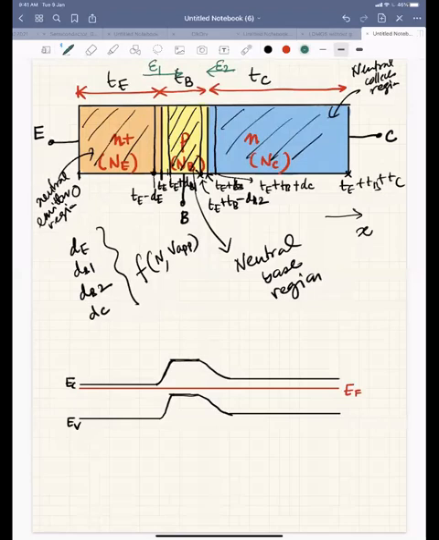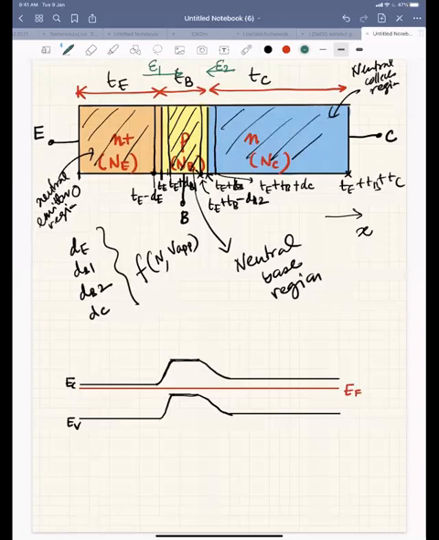This electric field will depend on the parameters we discussed in the PN junction. You can use the same equations here to find the electric field and the depletion widths.